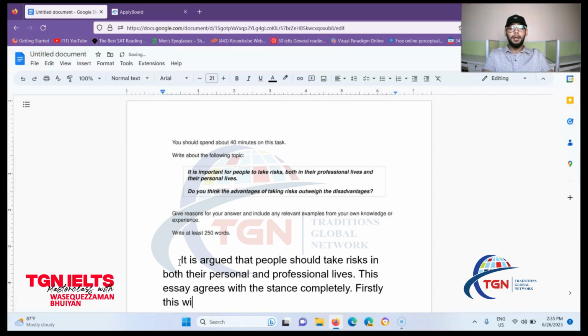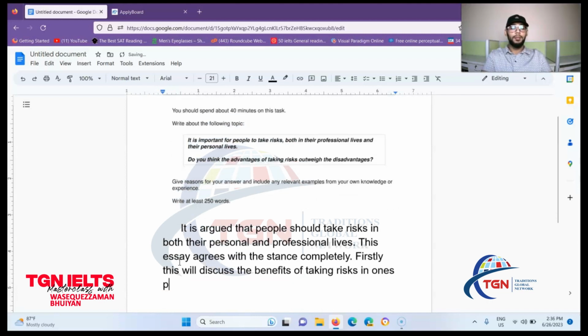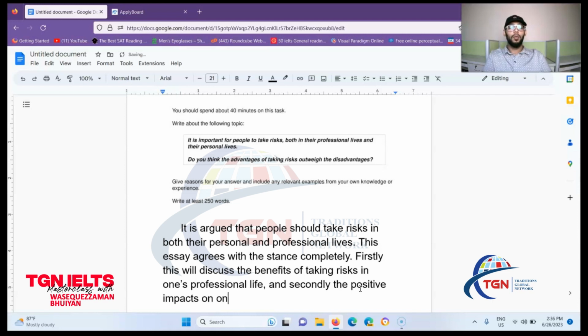Firstly, this essay will discuss the benefits of taking risks in one's professional life, and secondly, the positive impacts on one's personal life from taking risks.